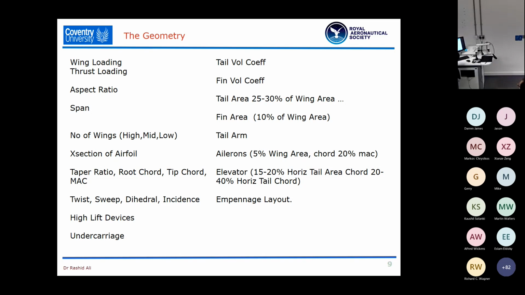Now, undercarriage design is an art in its own right. If you get it wrong, then it's not very interesting. So we need to consider whether it needs to be a tail dragger or it needs to be a tricycle nose wheel undercarriage.